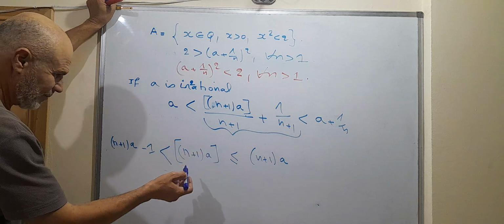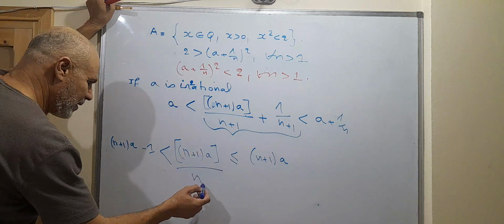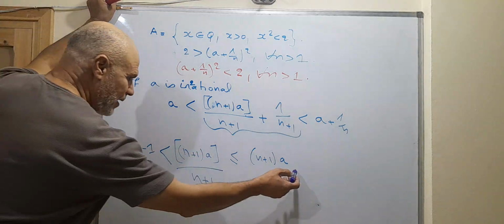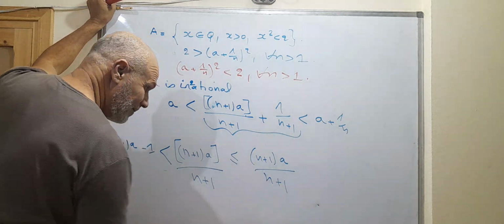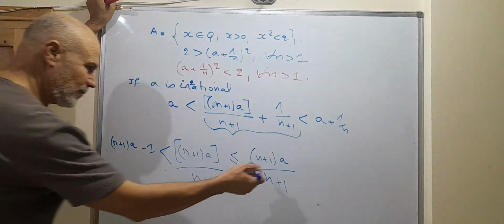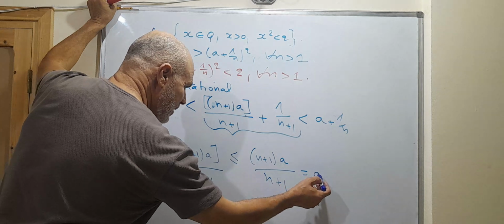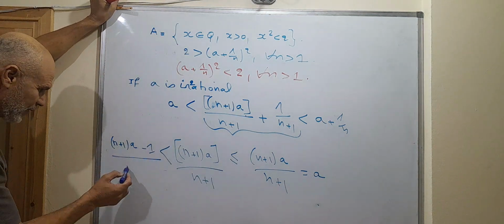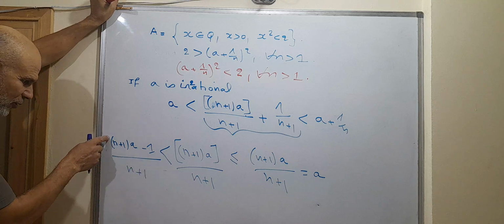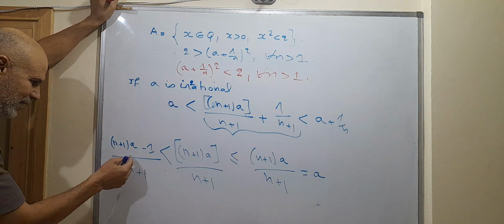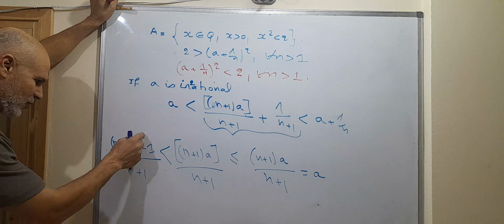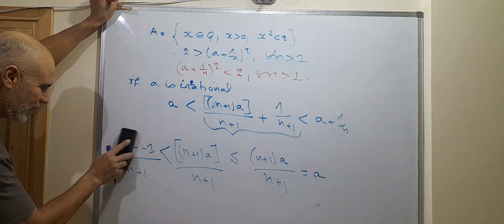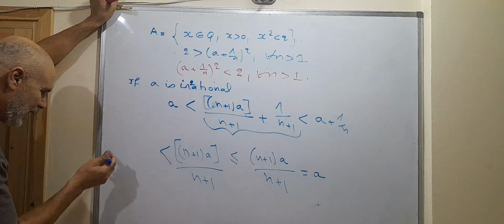If we divide here by n plus 1, this is equal to a. We simplify, so we keep a minus 1 over n plus 1.